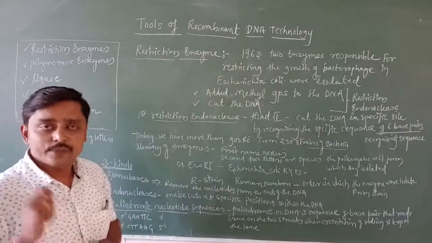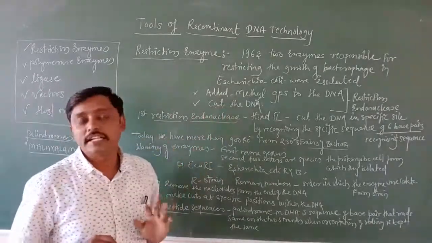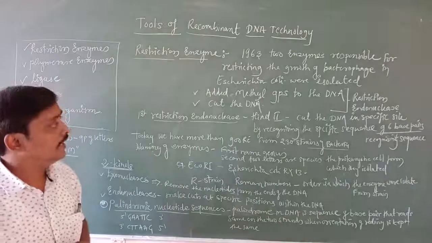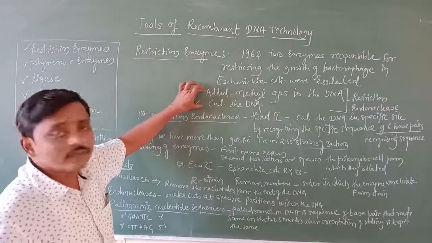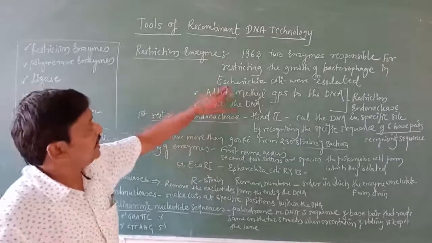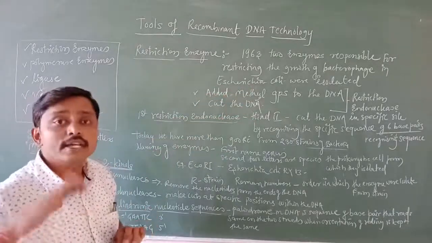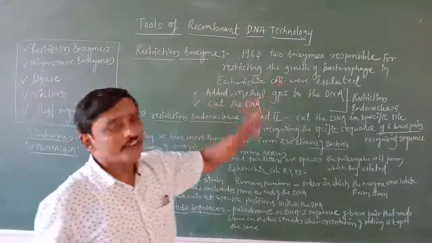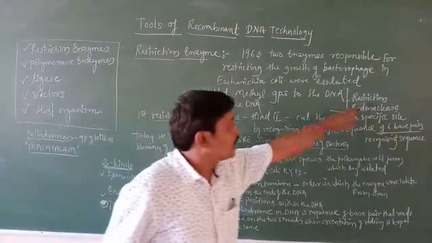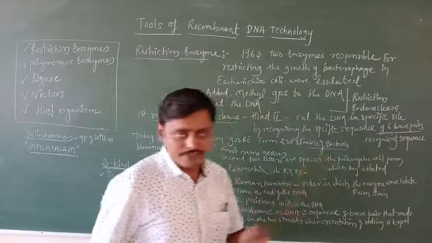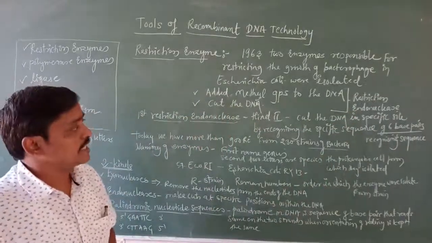Another enzyme is helpful for cutting the DNA. In such a way, the two enzymes were isolated from Escherichia coli. Those restrict the growth of bacteriophage, and later we call these two enzymes restriction endonuclease.